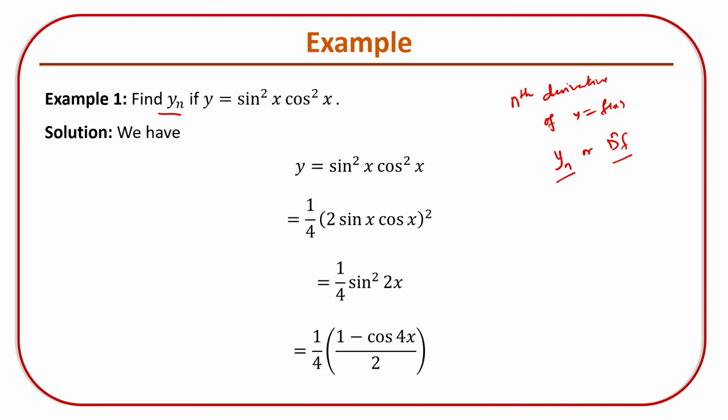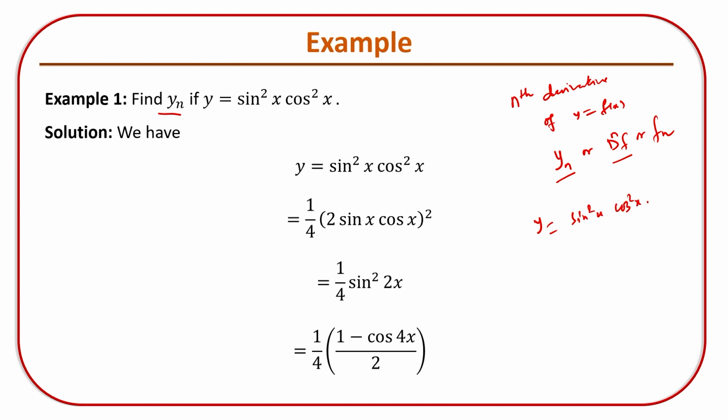There are various symbols you can use, or you can use f of n and so on, but we had used these regularly. So, find yn, that means find the nth derivative, if y is given as sin square x into cos square x.